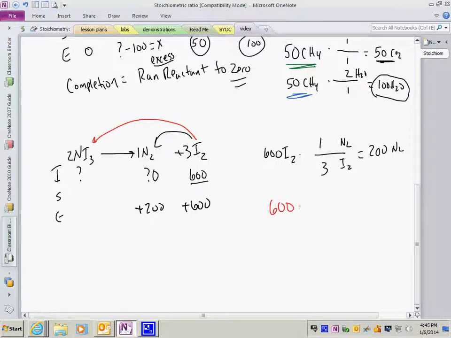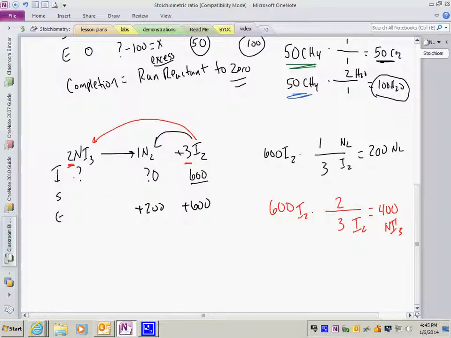600 I2s at a 3 to 2 ratio. This is the I2, that's why I have the 3 there. The 2 here is coming from right here. 600 times 2 is 1200. 1200 divided by 3 is 400 nitrogen triiodides.